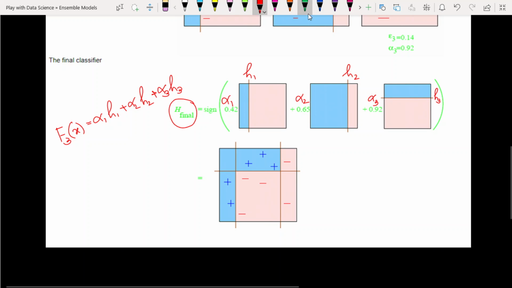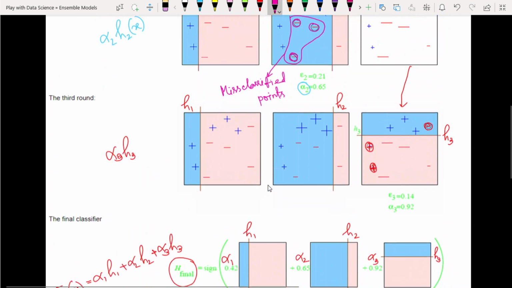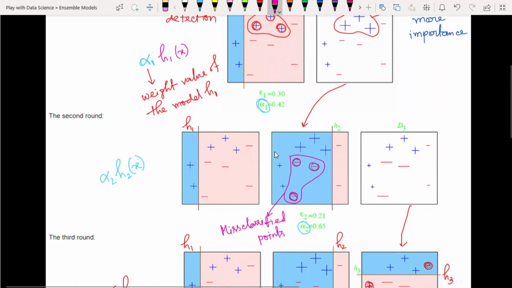I am using a different color to make it easier to understand. In the first step we gave more importance to these 3 points. Now in the second stage we give more importance to the rest of these 3 points.